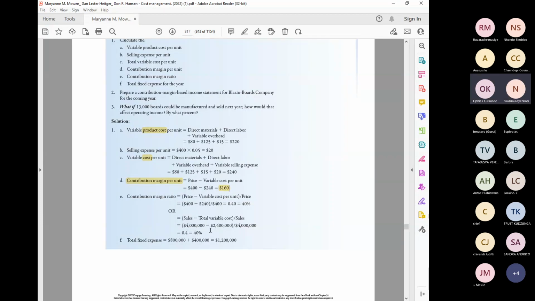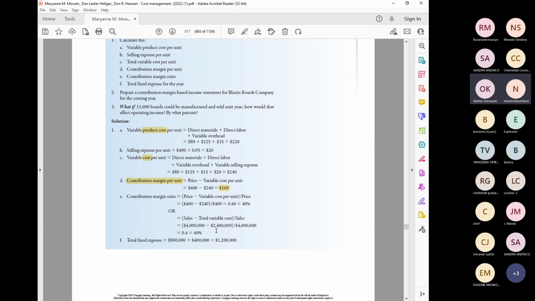Then next, contribution margin ratio is equal to price minus variable cost per unit, divided by price. Or sales minus total variable cost divided by sales.